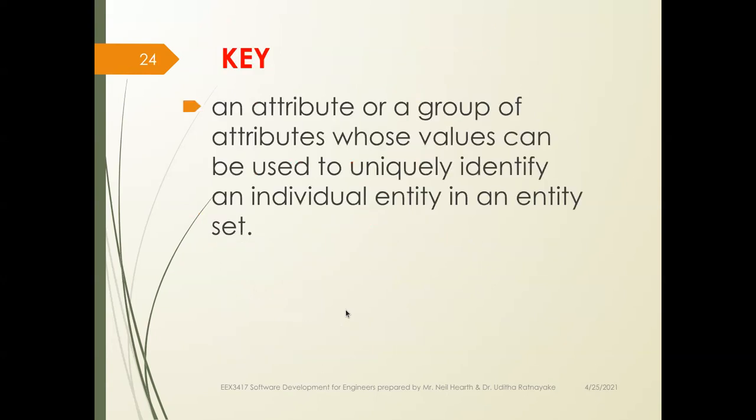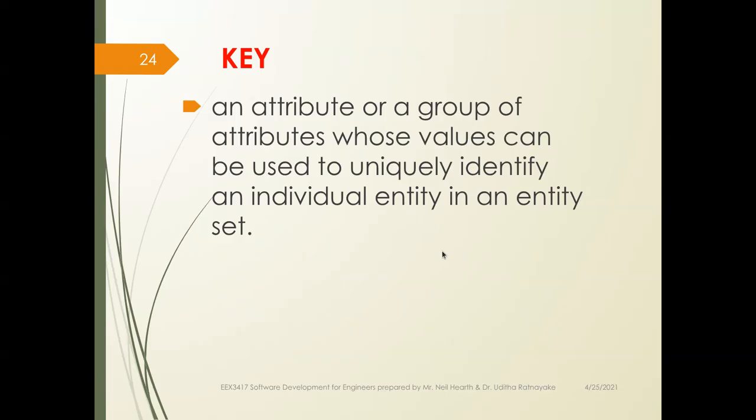Key, actually a primary key, foreign keys. A key is an attribute or a group of attributes whose values can be used to uniquely identify an individual entity in an entity set. That is the primary key.